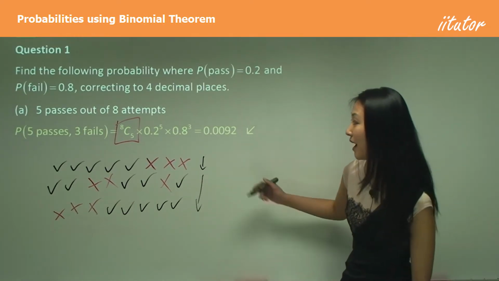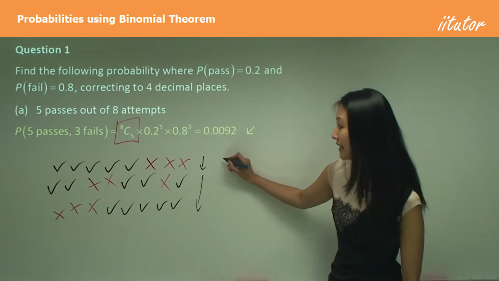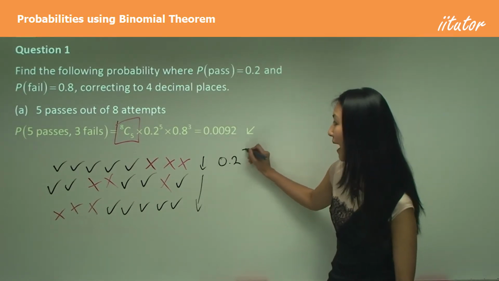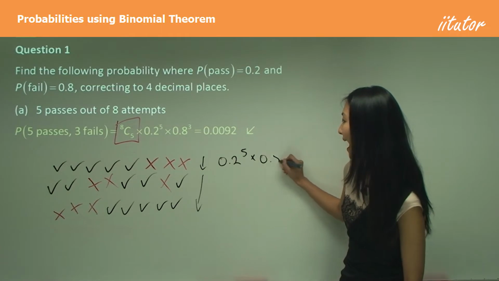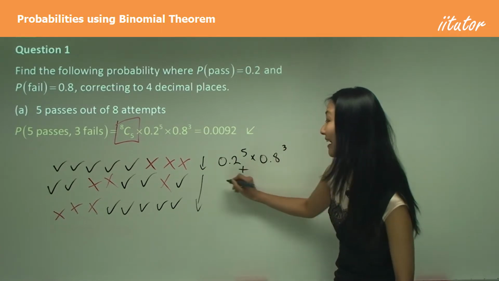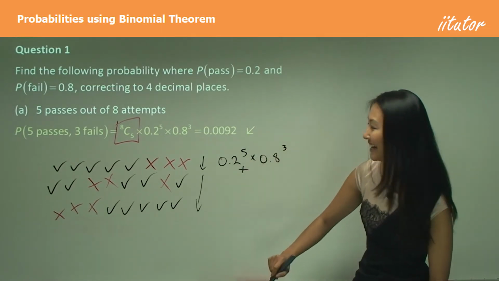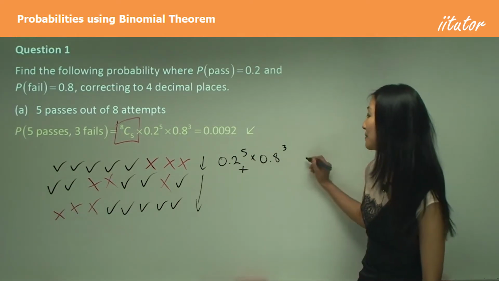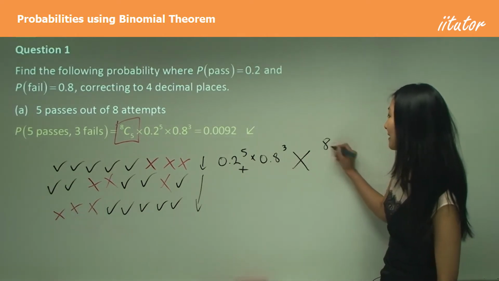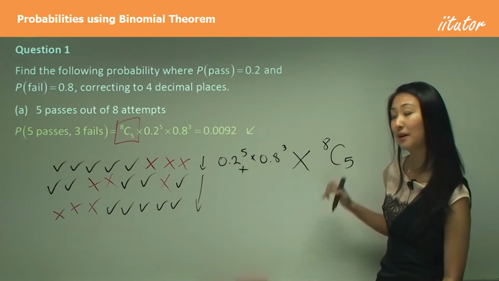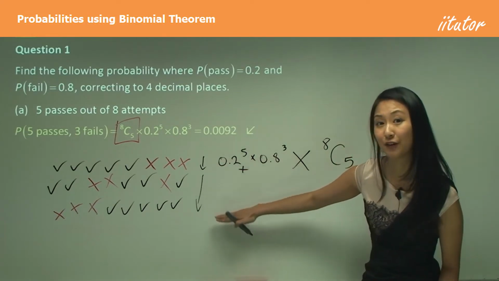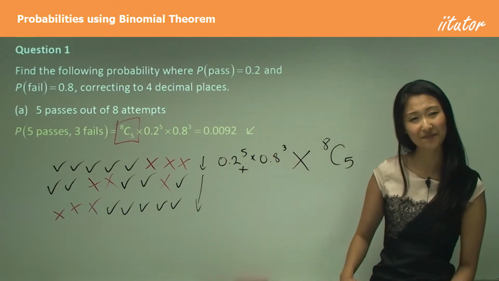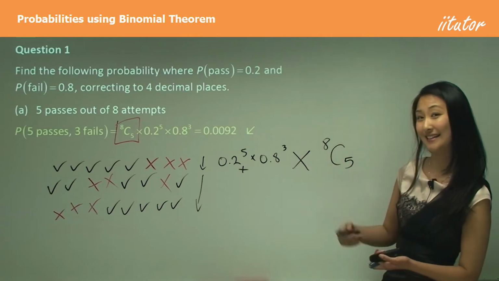So instead of us working out the probability of this, which is 0.2 to the power of 5 times 0.8 to the power of 3, and adding each one of these, which can be very tedious, what we're doing is just multiplying that by 8C5 instead, because that tells us how many different combinations there are. Can you see that? So that's why we need that 8C5 there.